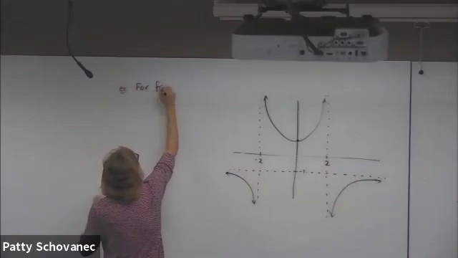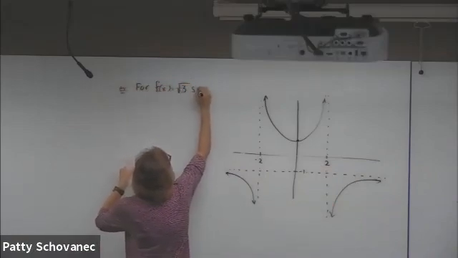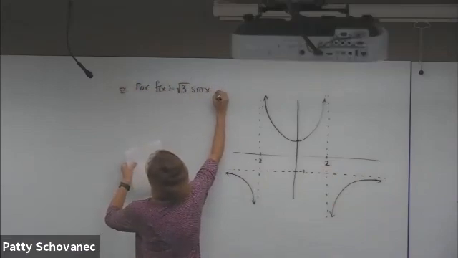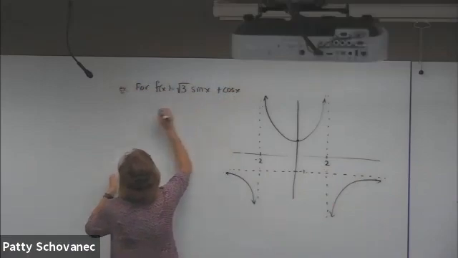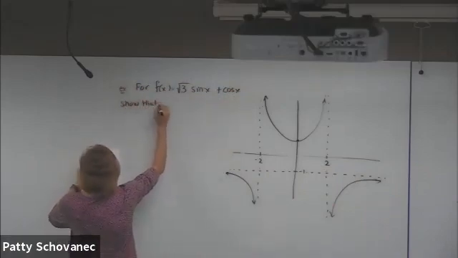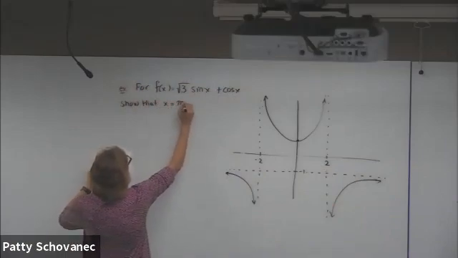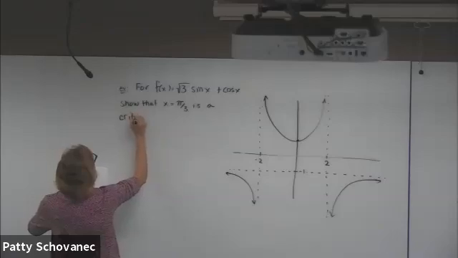For the function f of x is equal to square root of 3 times the sine of x plus the cosine of x, show that x is equal to pi over 3 is a critical number.